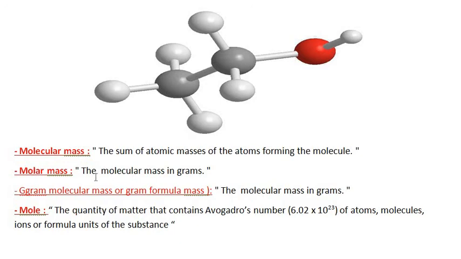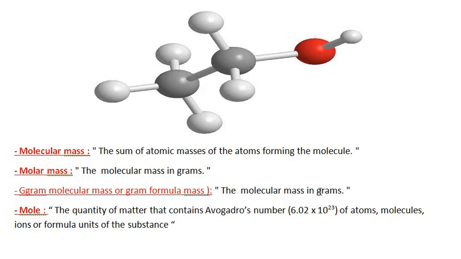This is not the mass of one molecule, but the mass of this greater number, which is called Avogadro's number. This is a very great number, which represents millions and millions of molecules. The mass is now in gram.